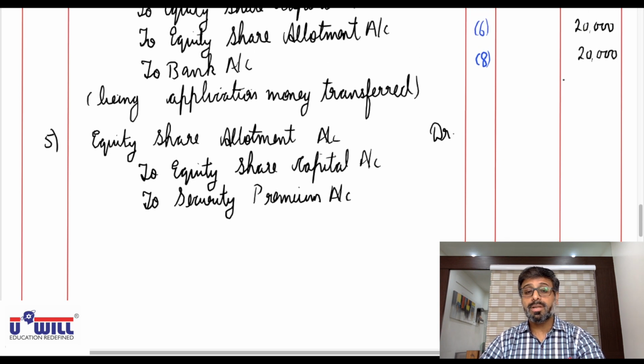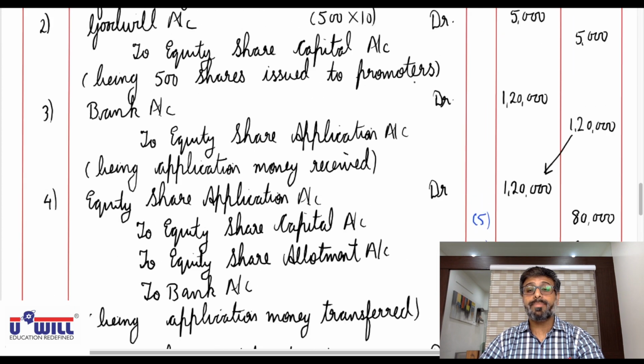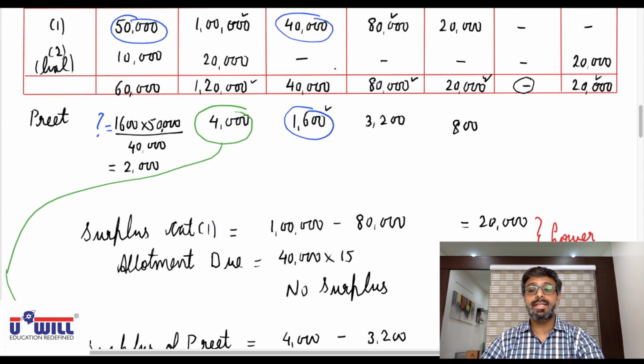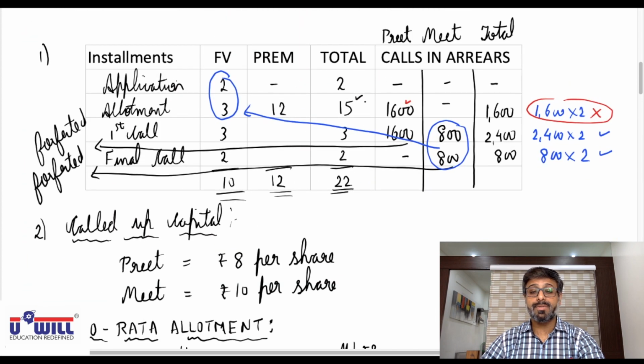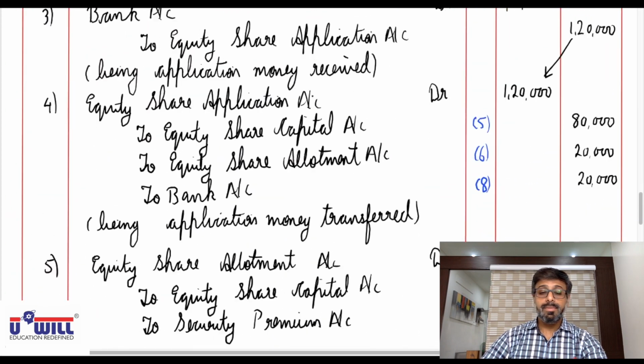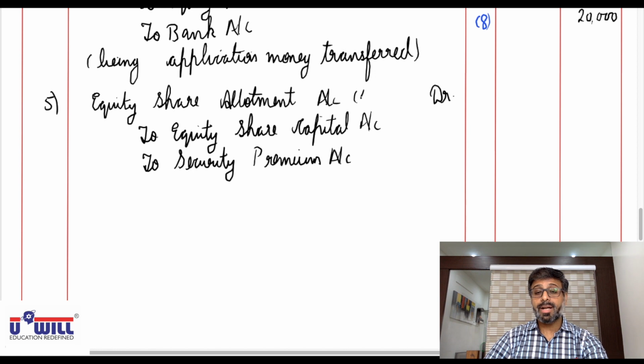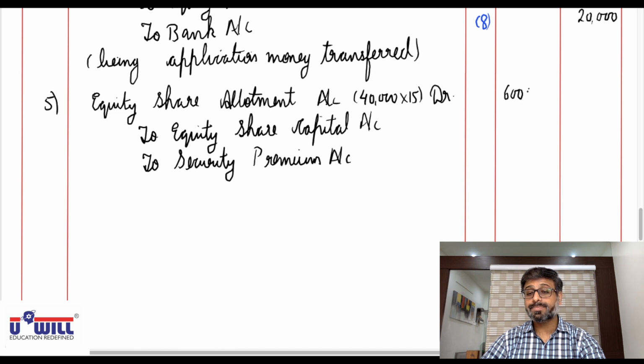Now amounts: total 40,000 shares are allotted and allotment money is 15 rupees. So equity share allotment account debit with 40,000 into 15, 6 lakhs. Now out of 15 rupees, 3 rupees is towards face value.